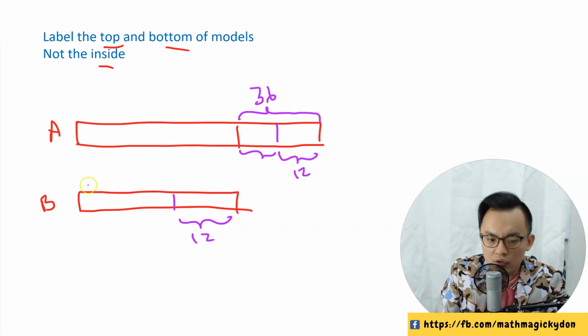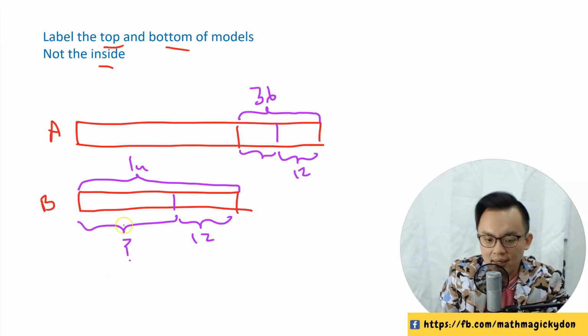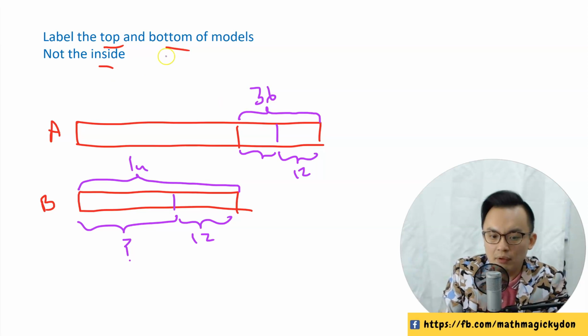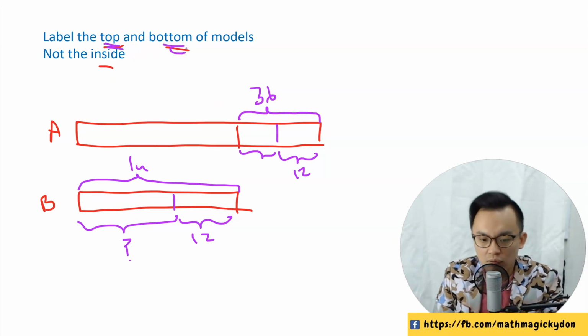And that's why I always recommend the split, so that I have space to do 1 unit and then 12, and then this is the question mark, and I know what this question mark is. It's very clear that it is 1 unit minus 12, you get the question mark. Otherwise it's very easy to make careless mistakes. So do not label inside, label the top and the bottom of models.